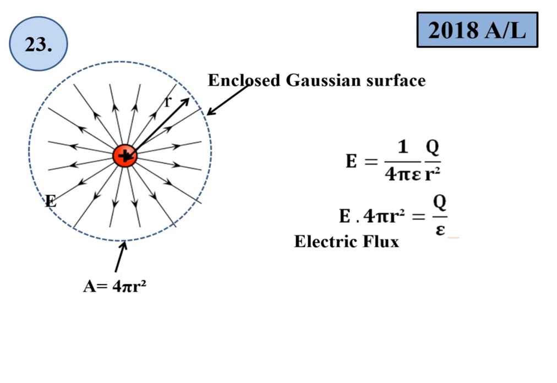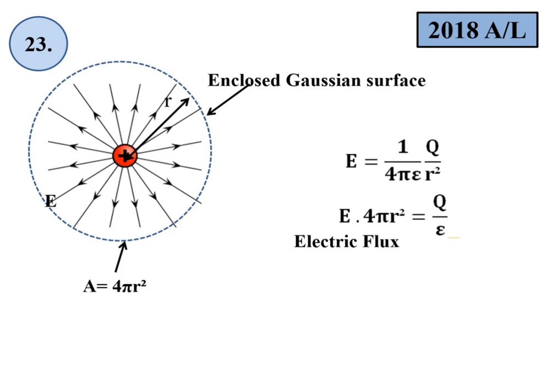If you pick an enclosed Gaussian surface, with the radius selected as simply r, then we can apply the related equation. The electric field E is 1 over 4 pi epsilon times q divided by r squared.